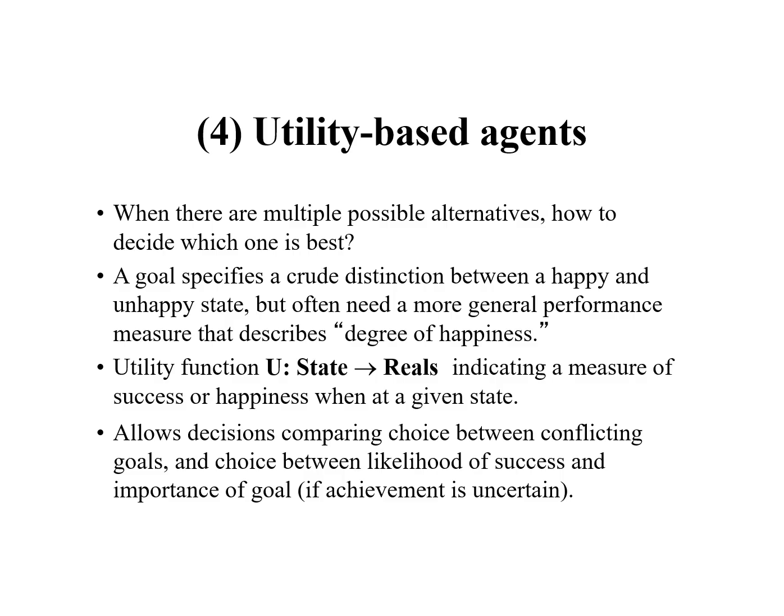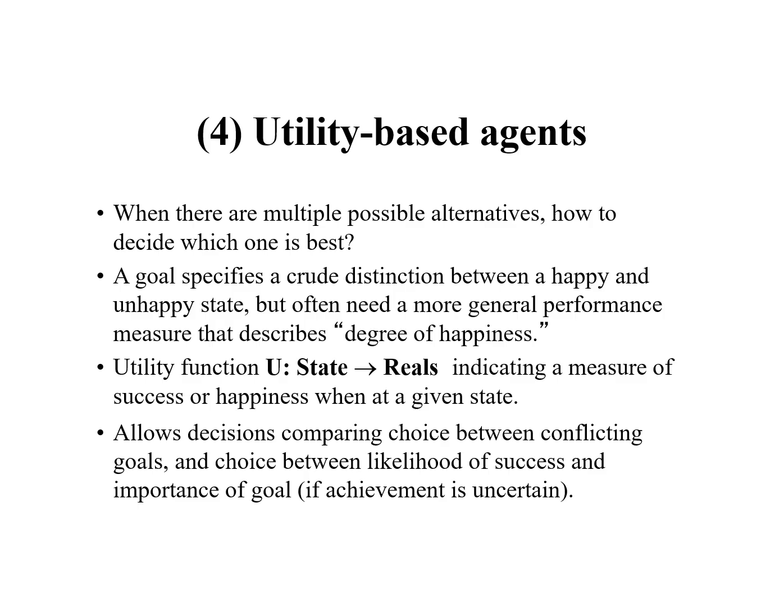Next, we will be passing to the next slide, that is utility-based agents. When there are multiple possible alternatives, how to decide which one is the best? A goal specifies a crude distinction between a happy and unhappy state, but often we need more general performance measures that describe the degree of happiness.